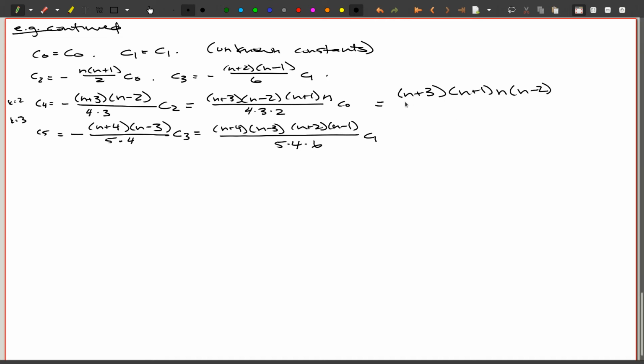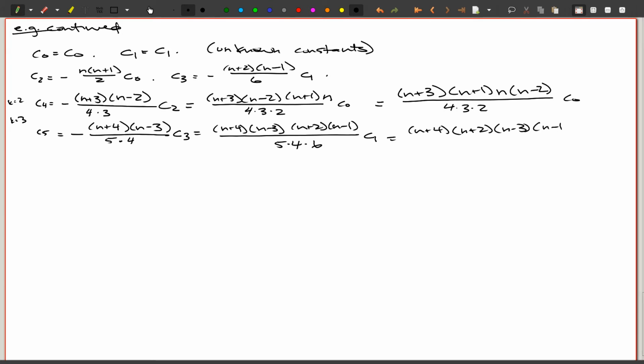Let's see what that does for us. And then 4 times 3 times 2 is fine the way it is, all times c0. And then this one, I'll take my n plus 4, my n plus 2, my n minus 3, and my n minus 1. I'm also going to switch this to being 6 times 5 times 4.